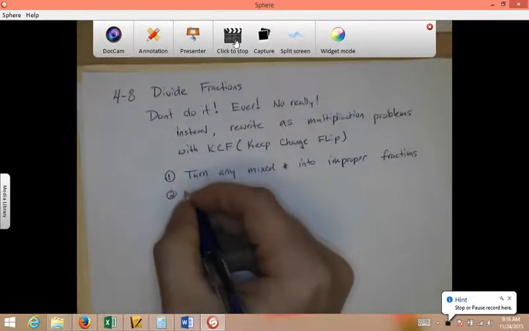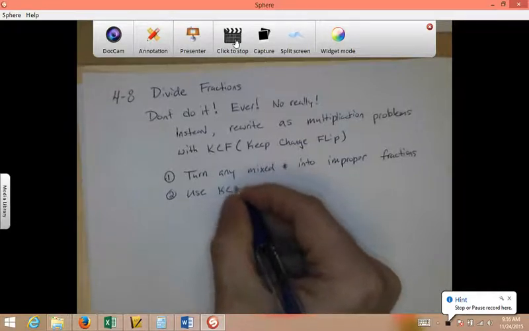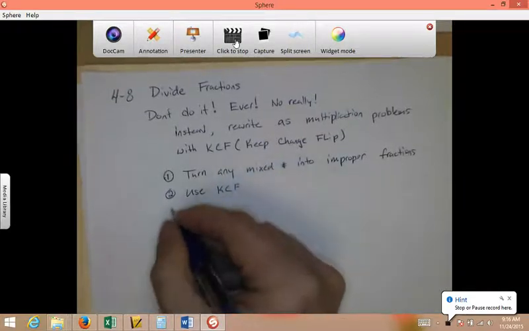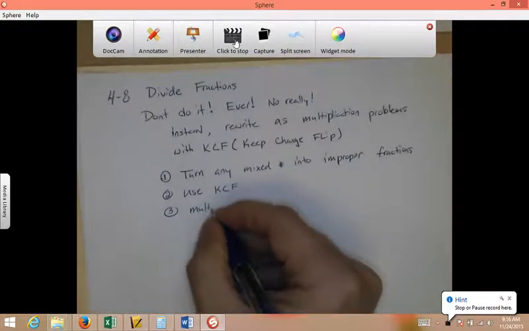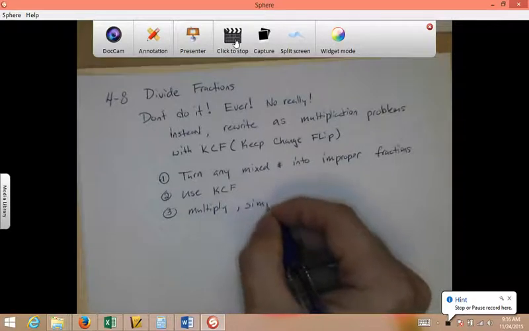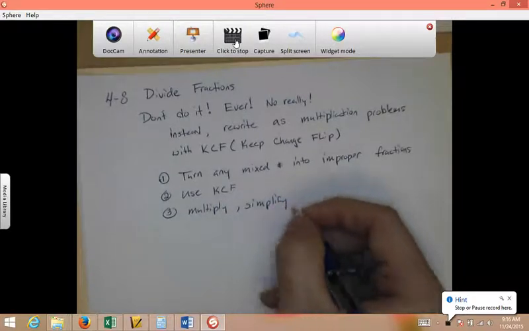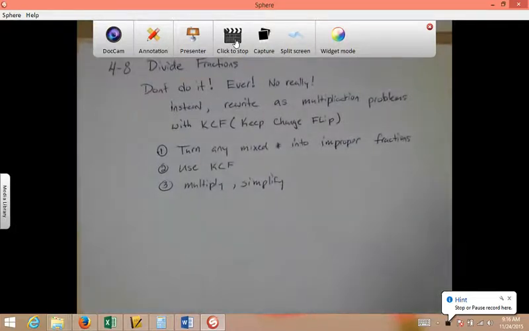Two, use KCF. Three, multiply, and then of course simplify. So now I'll show you some examples of this.